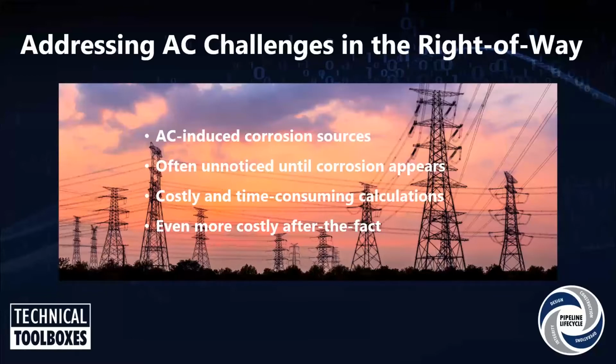Manual AC mitigation calculations are tedious and extremely time-consuming. Calculations are even more time-consuming and costly after the fact, and the right-of-way might not be accessible if you're going in to do a repair on a leak. So today, our expert will talk about the challenges and how Technical Toolboxes facilitates addressing them with better engineering performance.